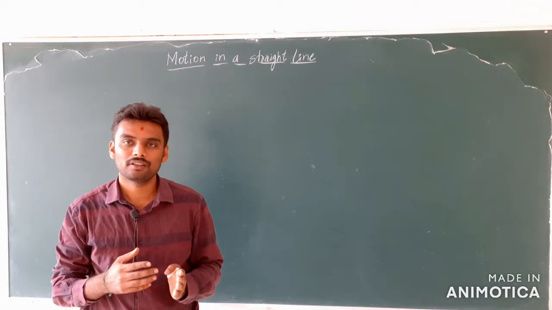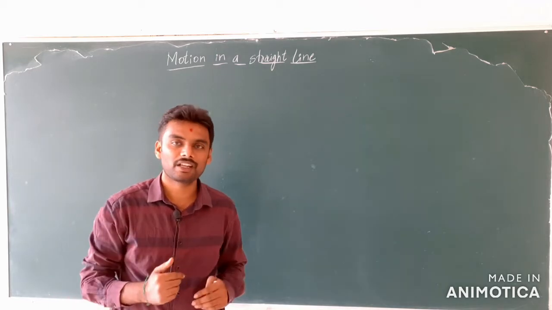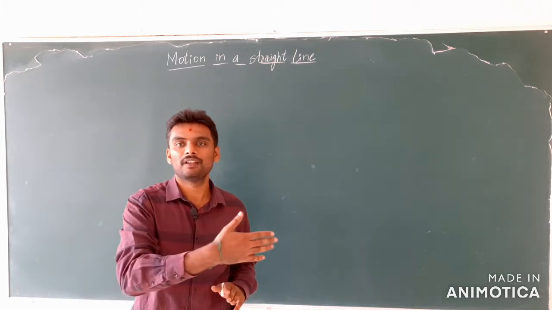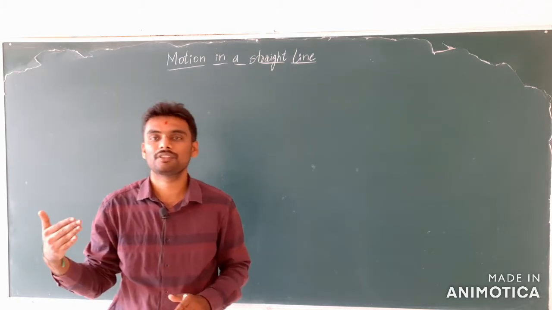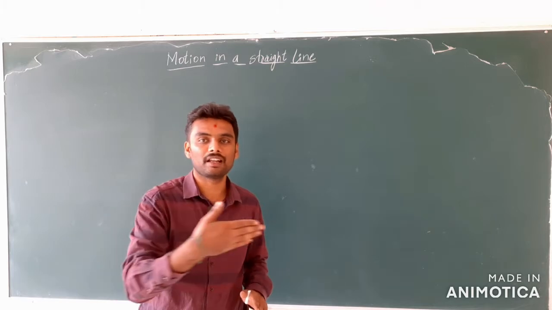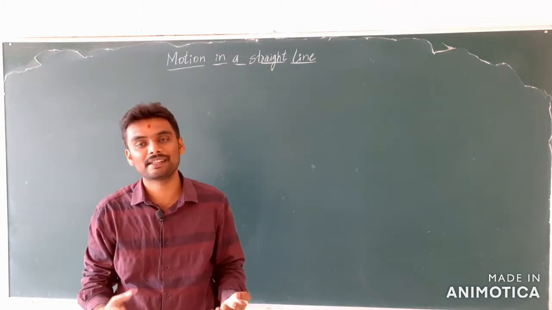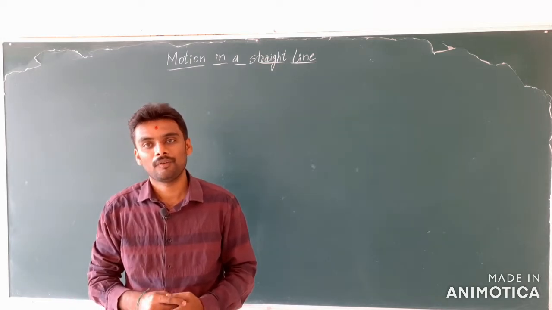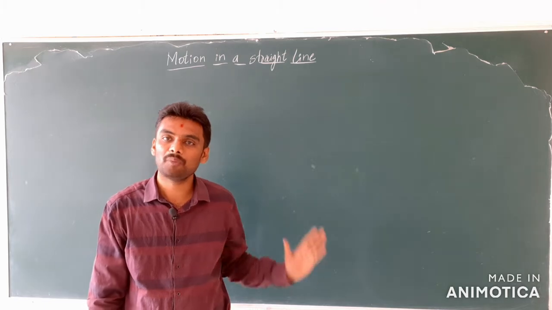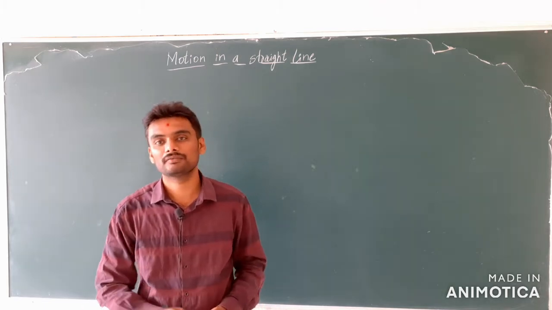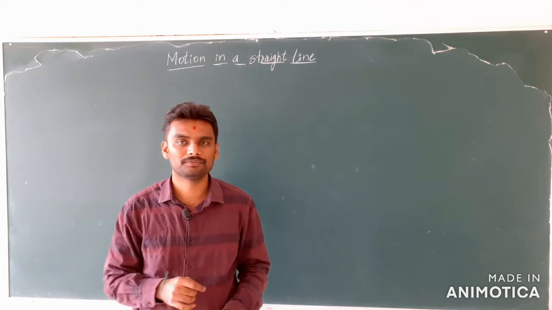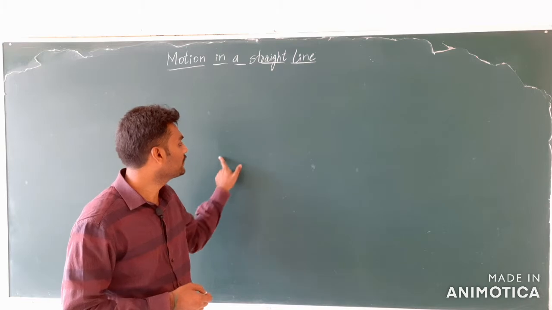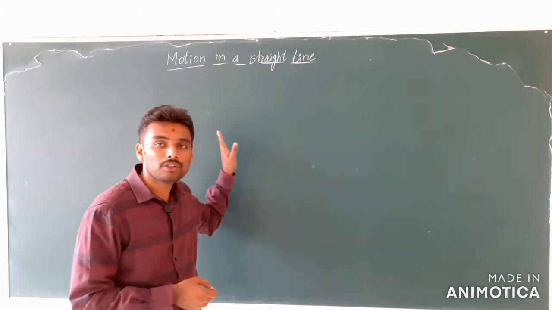You can assume that if you have a straight railway track on which you have a train moving, that can be considered as motion of the train in a straight line, or in other words we say that as motion in one dimension. When we have the motion happening in a plane, somewhat like an ant moving, if I leave an ant on the board, that can move on the plane in two dimensions.